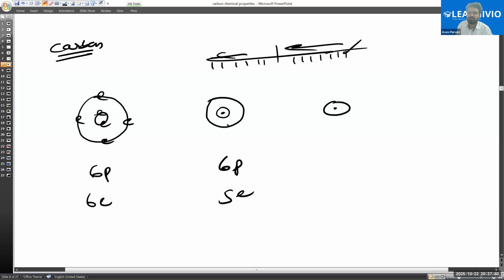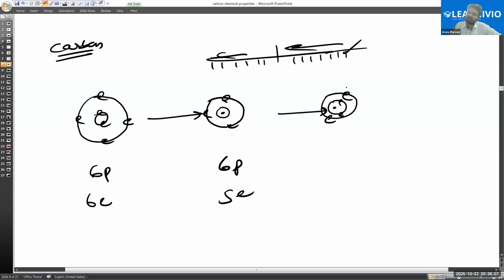Now, if it loses one more electron, then the size will decrease further. If carbon keeps on losing electrons, a point will come where it will not lose any more.